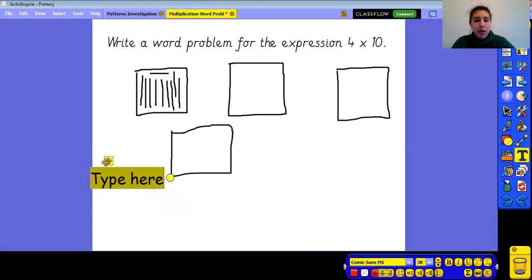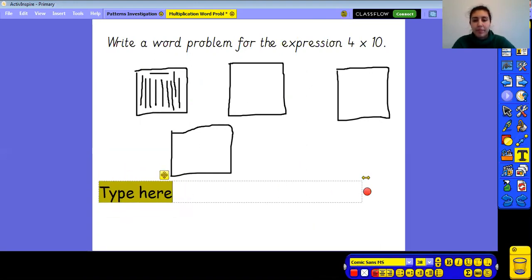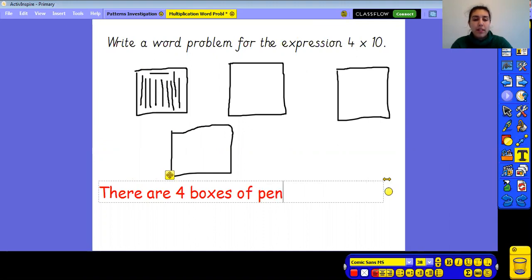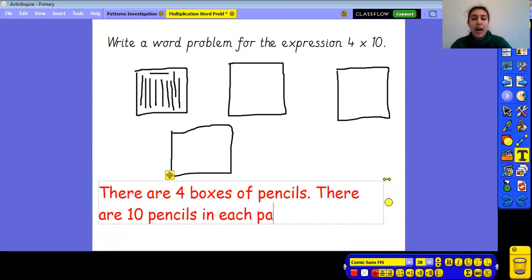I can write my word problem and say, there are 4 boxes of pencils. There are 10 pencils in each pack.